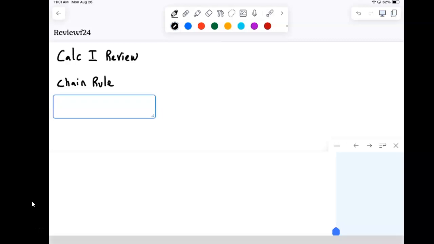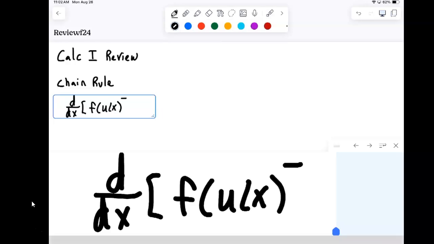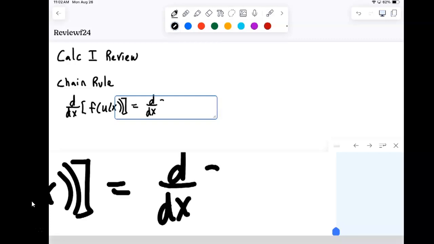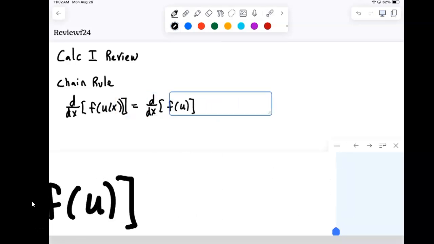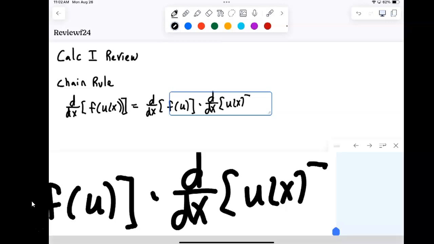The first one is this idea of what's called the chain rule. So you may recall, hopefully you recall, that if you have a composite function, f of u of x, one function inside of another, to do the derivative, we take the derivative of the outer function with respect to its variable u and multiply by the derivative of the inner function with respect to the variable x.